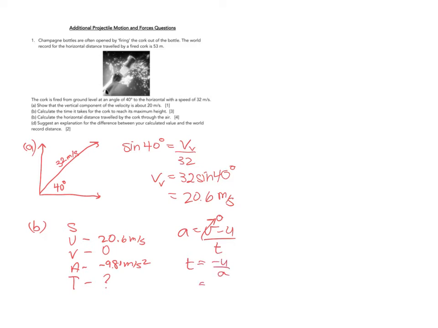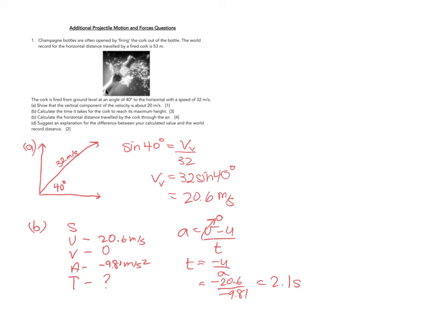When I put the numbers in, I'm going to get negative of 20.6 over negative 9.81. I'm going to get a value of 2.1 seconds. So that will be the time it takes from when it's being released, and we're going to assume it's being released from the ground up into the air and reaching its maximum height.